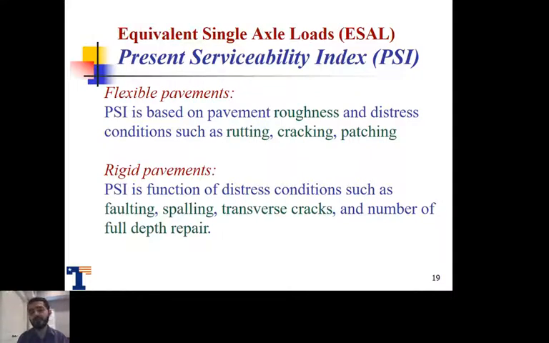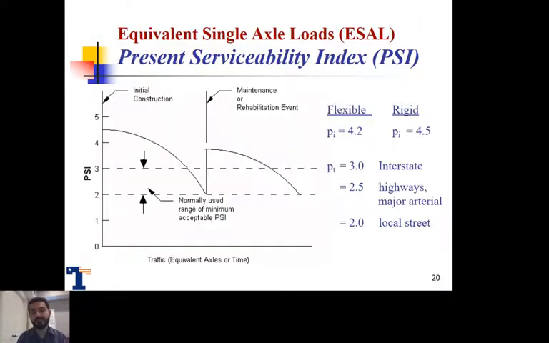If we have lots of these distresses on the surface of the pavement, the present serviceability index will go low by default. For rigid pavements, the PSI depends on other distresses, such as faulting, spalling, transverse cracks, as well as the number of full depth repairs. So again, the more numerous and the more severe those distresses are, the lower the PSI will be for this section.